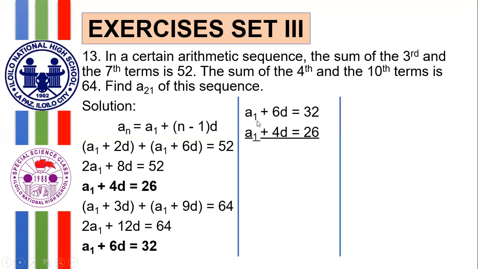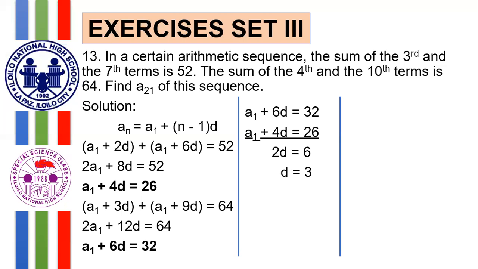So a sub 1 minus a sub 1 is 0. 6d minus 4d is 2d. And 32 minus 26 is 6. So 2d is equal to 6. Dividing both sides by 2 gives you d equals 3. Hence, the common difference is 3.